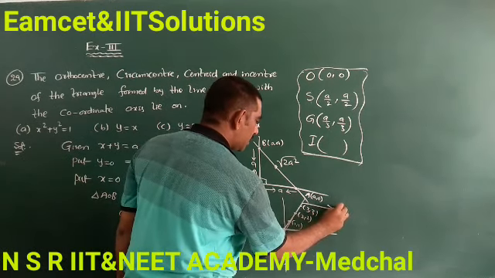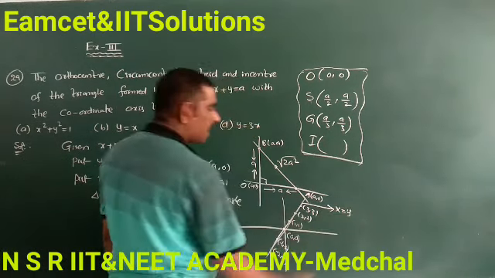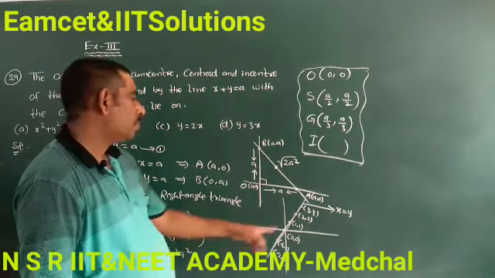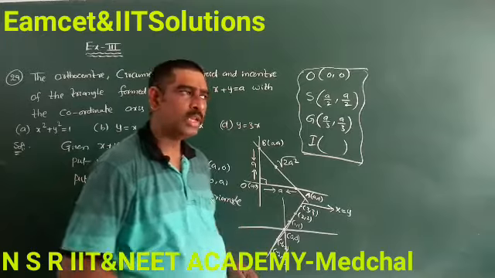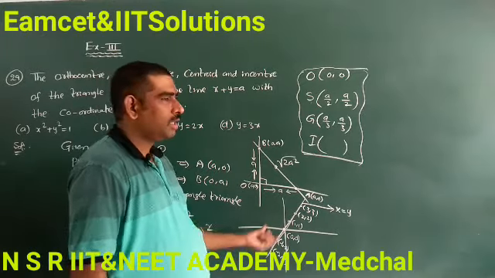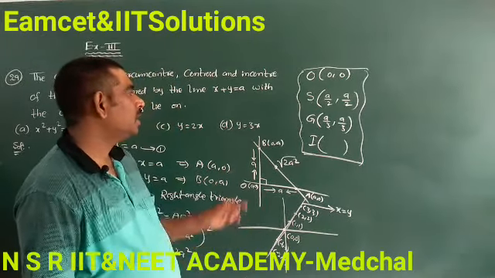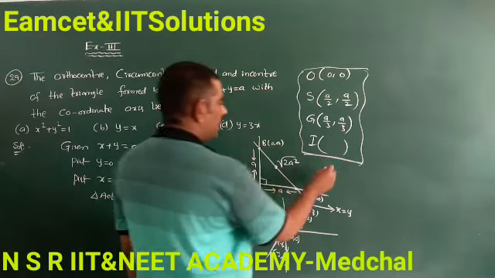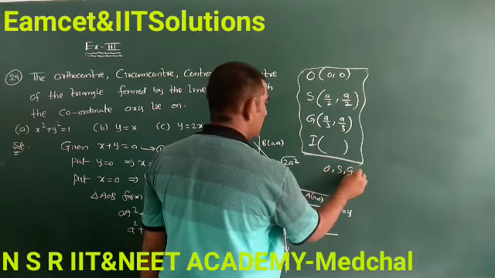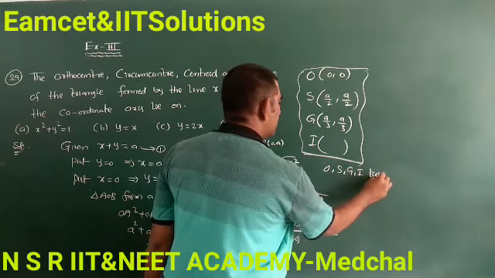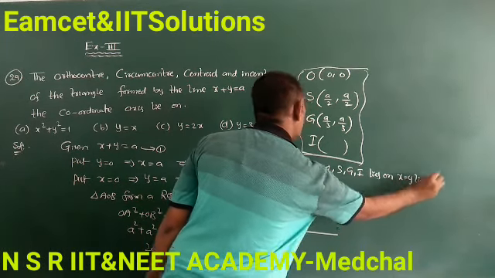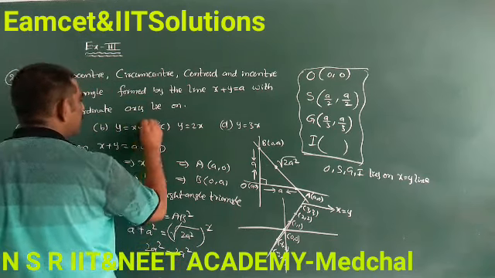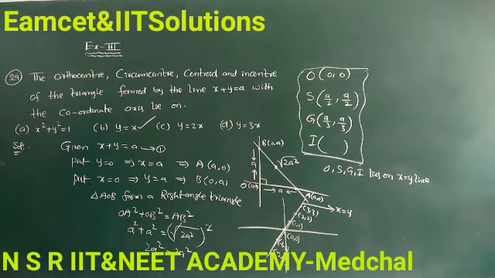This line is the x equal to y line, passing through the origin, and infinite points lie on it. So orthocenter, circumcenter, centroid, incenter lie on which line? The x equal to y line. So our answer is y equal to x, option B.